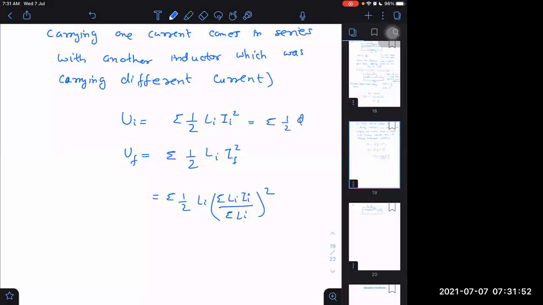Sigma half of phi i square upon Li, and this will be equal to, not sigma now, because final flux will be the same for the total: half of net phi, which is equal to the sum of individual phi, square upon net inductance, which is equal to sigma Li. I think this is better to understand in this way.